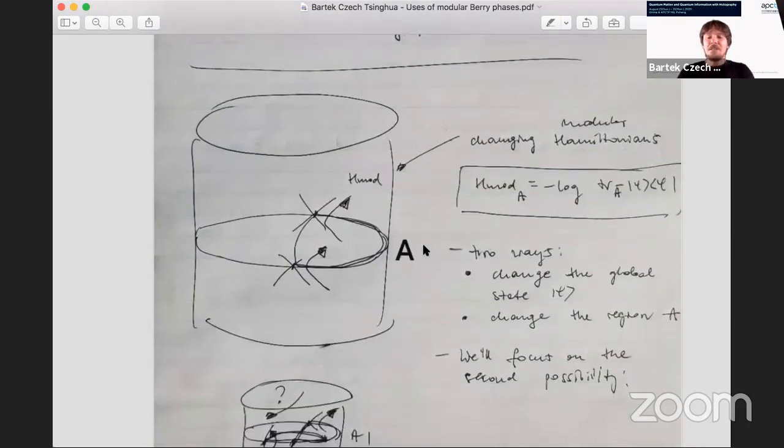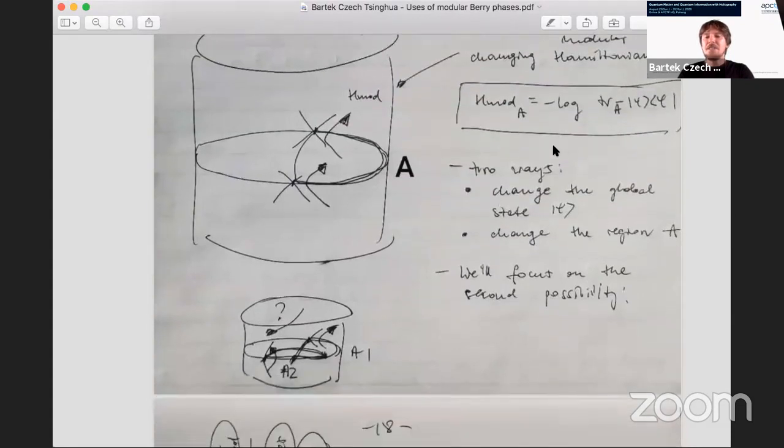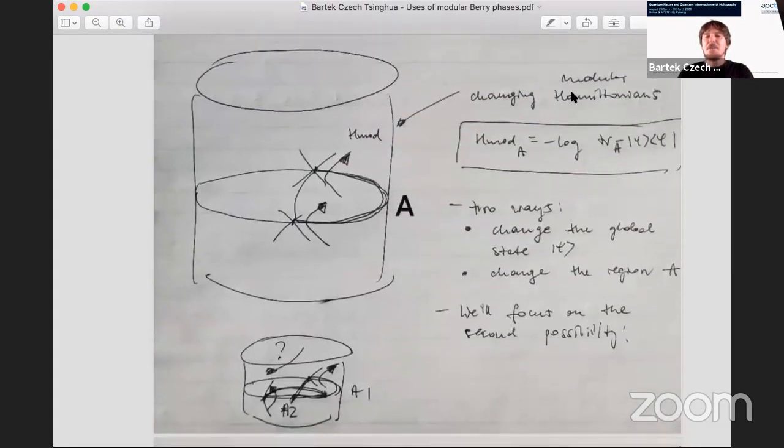And I should emphasize here that when we are changing modular Hamiltonians, the change can really originate from two different things. One is that I can just change the state altogether. Of course, this changes the modular Hamiltonians, but I will focus on a more subtle way of changing things, which is I'm going to keep the same global state. This means that we're always living in the same AdS geometry. So this cylinder is unchanged.